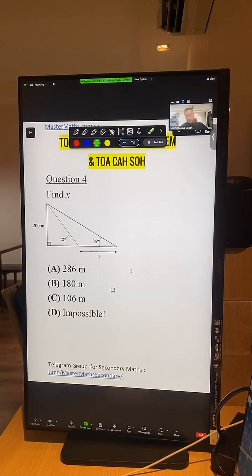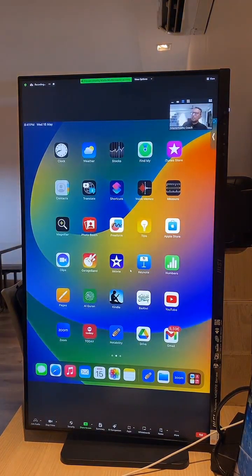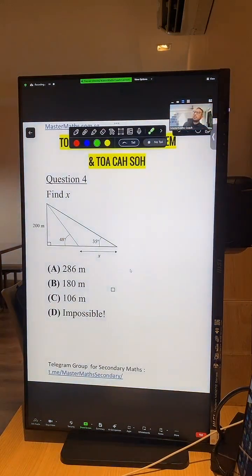Because in this case, even though this triangle here is not a right angle triangle, you can find it by using the right angle triangle here and the right angle triangle here. So to me, I will still use my TOA CAH SOH lah.